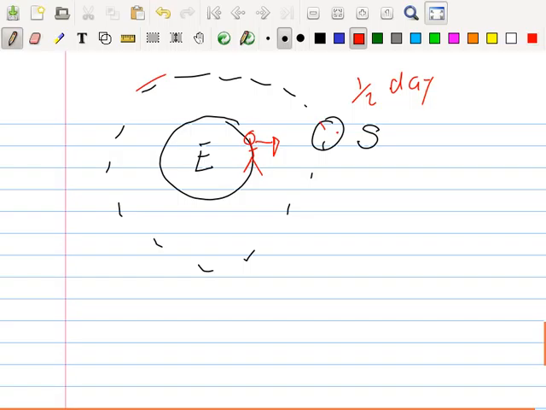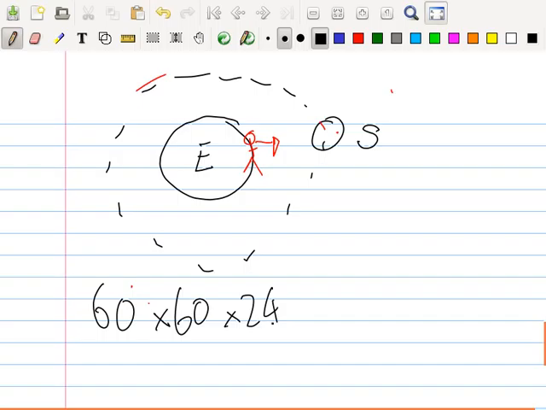Okay, let's calculate this here. So 1 day, you need your calculator. How many seconds in 1 day? So there's 24 hours, 60 minutes, 60 seconds. Multiply 24 by 60 by 60. It's 86,400 seconds.